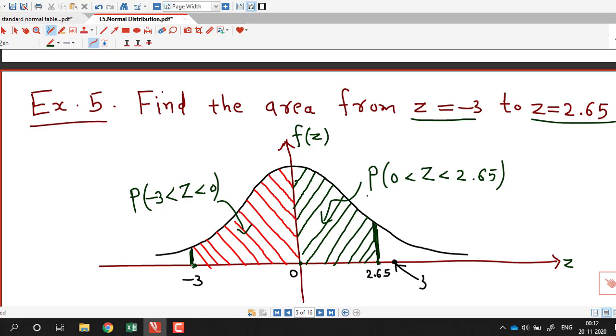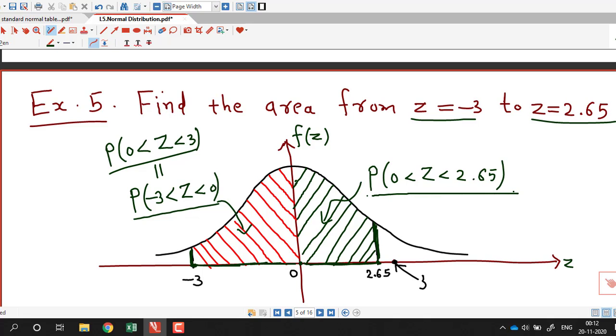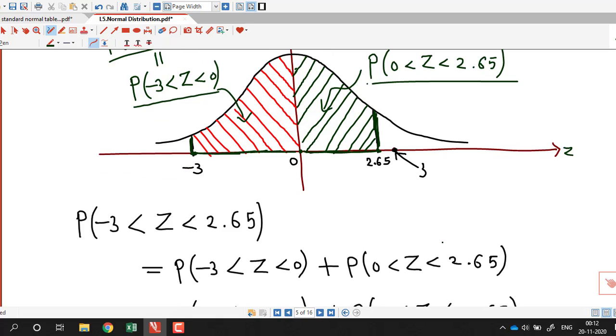The area from z equal to -3 to 2.65 is nothing but the summation of the area from -3 to 0 and the area from 0 to 2.65. Now by the symmetry of the normal curve, the area from -3 to 0 is nothing but the area from 0 to 3. So we have to find the area from 0 to 3 and the area from 0 to 2.65.